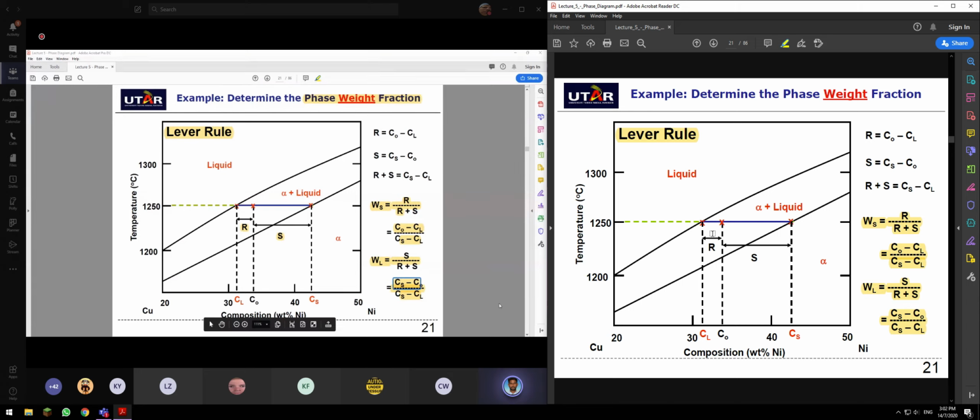Okay, guys, do you understand this? Any questions on this? This is how you find the phase amount and the phase. Simple, right? Anyone don't understand?